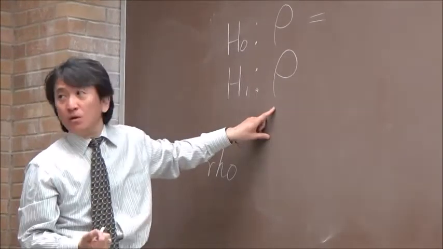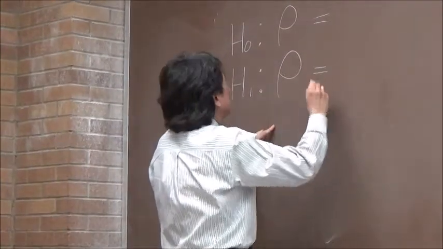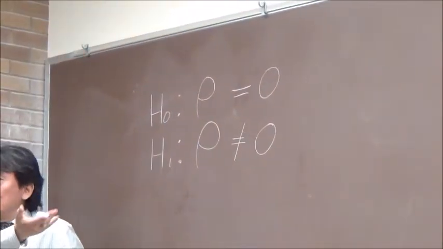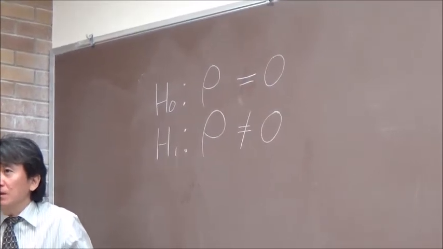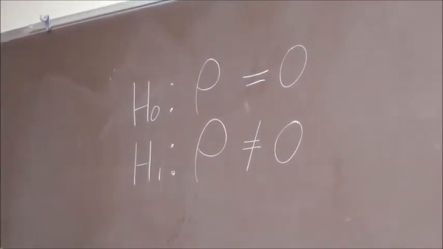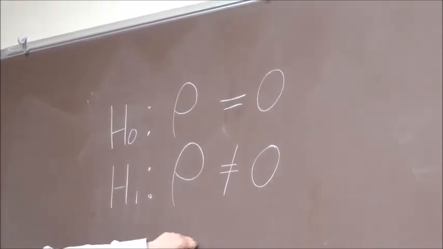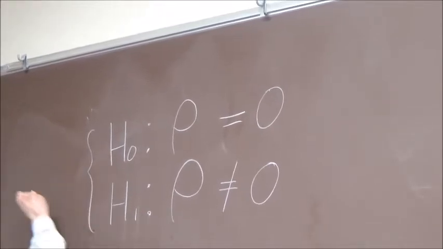So this is rho. The null hypothesis is zero correlation. With me so far? And then the alternative hypothesis is not zero. This is a two-tailed test.